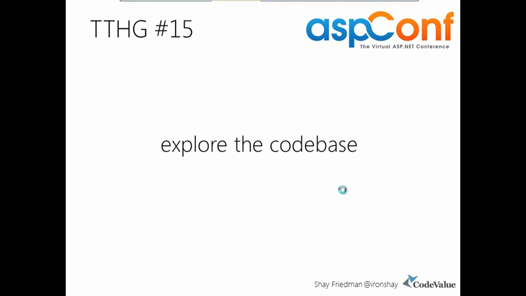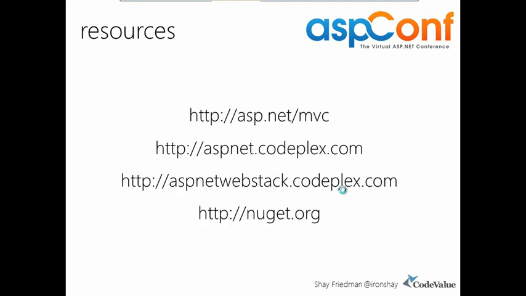So, some resources. ASP.NET/MVC, of course you probably know that already. This is where everything is. ASP.NET Codeplex.com, also a lot of stuff there. ASP.NET Webstack Codeplex.com is where you download the code of ASP.NET MVC.